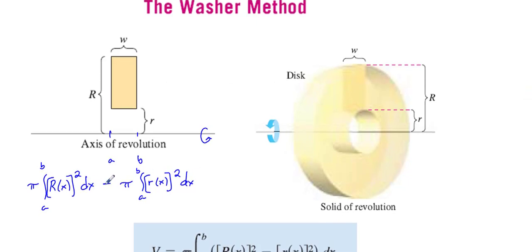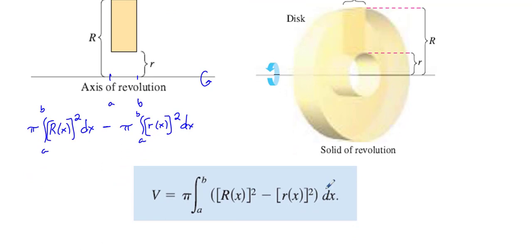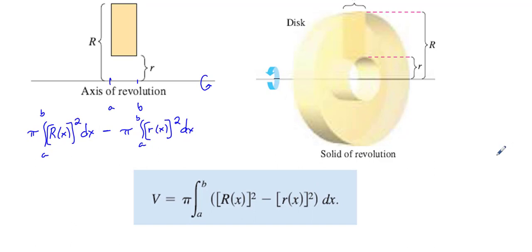And knowing what we know about integrals, we're going from A to B on both, so we can make this a difference inside the integrand, like so. So this would be our formula for the washer method for solids of revolution. Now, this is the formula we would use if the axis of revolution is the x-axis.